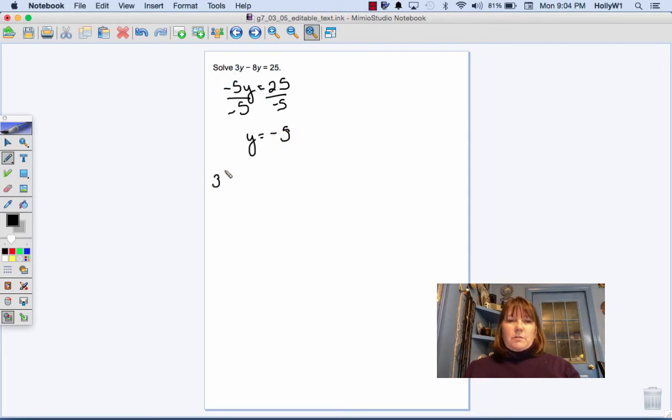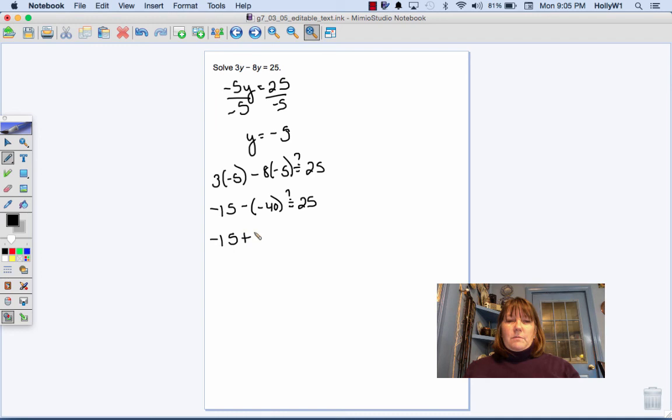So let's check it. 3 times negative 5, subtract 8 times negative 5, is that equal to 25? So is negative 15 subtract a negative 40 equal to 25? Let's simplify this a bit.